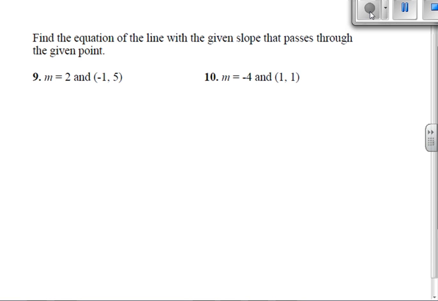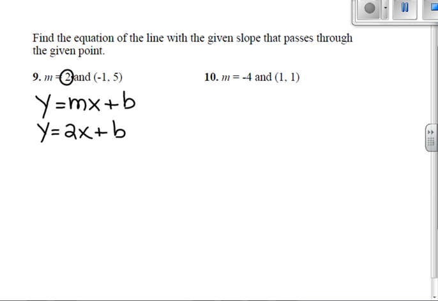You guys ready? Andrew? Here's my equation. I don't have b. This is the problem. It's y equals mx plus b. I do have the slope, though. What's the slope? Slope is 2, right? And then what are we going to put in here for y? If you need to do this, x comma y. Corey? This is what you have to do to find b. What are you going to put in for y? So 5 equals 2 times x.